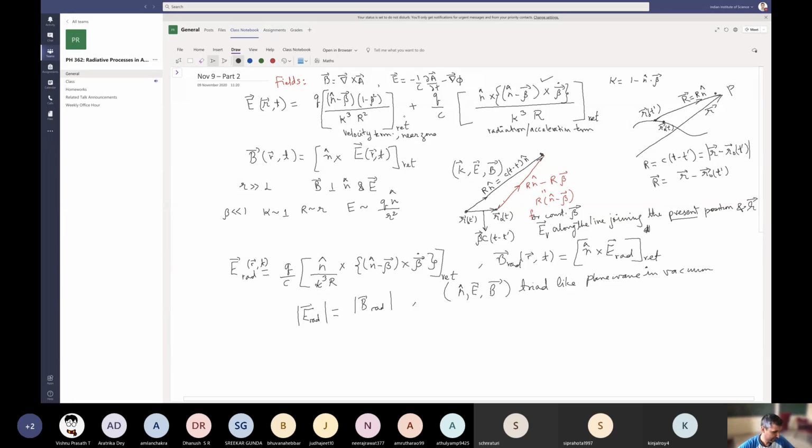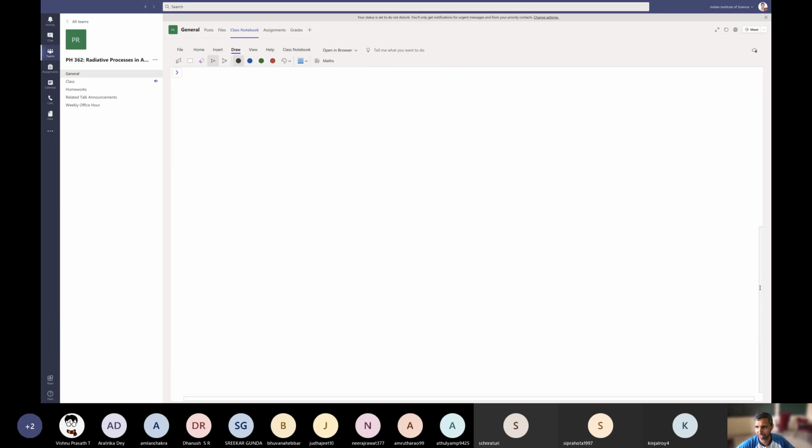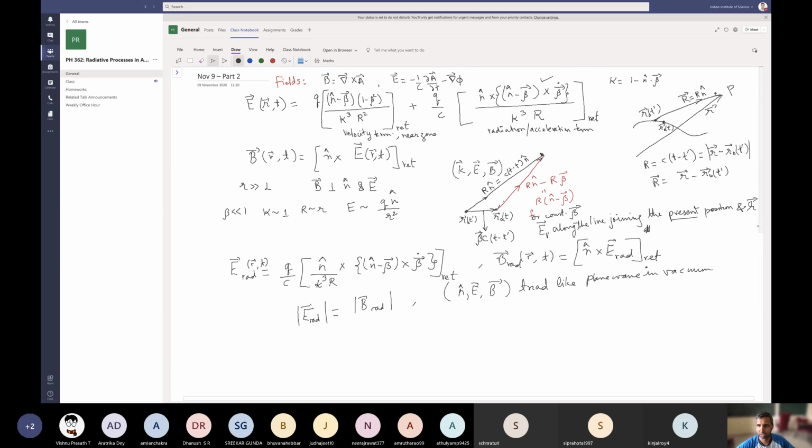Okay. Now, how do we see this geometrically? So there's a famous construction that is sometimes drawn for seeing this. So let's consider a particle which is moving with constant velocity. Okay, so this is a particle moving with constant velocity beta c.